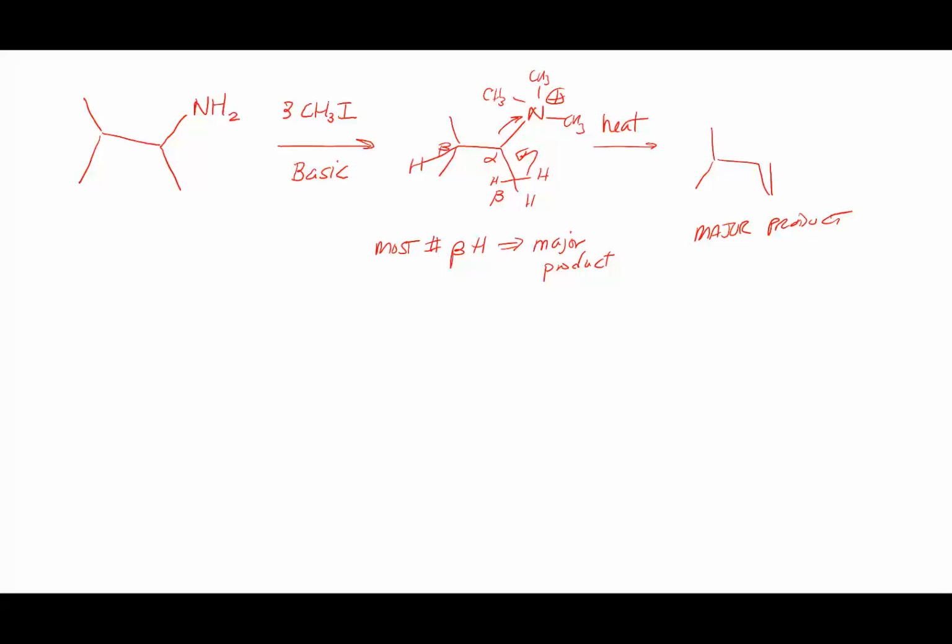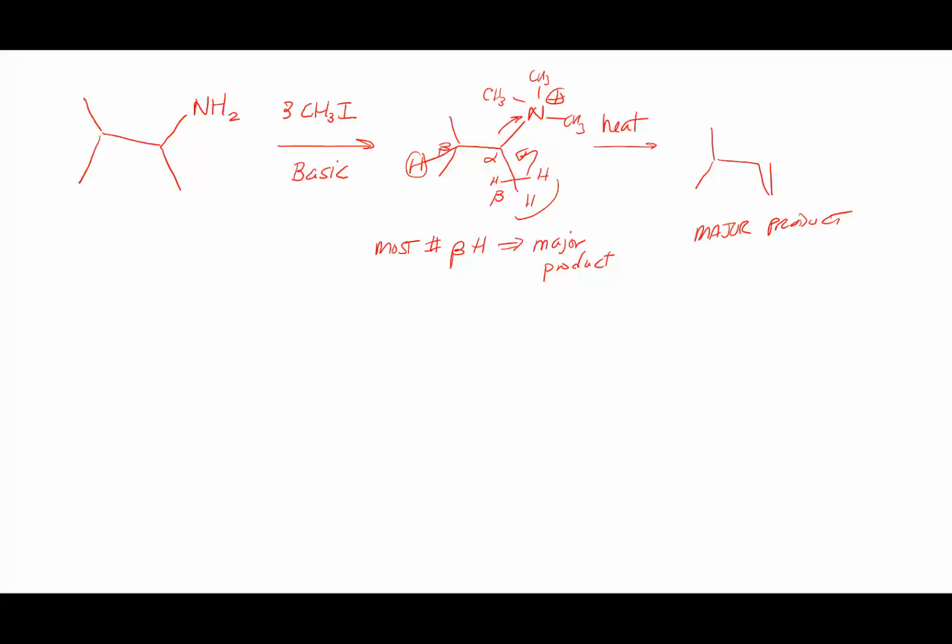The more hydrogens and the easier that is, that's going to lead to the major product. In this case, I've got 3 beta hydrogens, any of which could become anti-periplanar to the nitrogen, so that's easier, or more conformations that lead to the product, than over here, where there's just a single hydrogen that has to become anti-periplanar, and that conformation may not be the most stable conformation of that molecule.